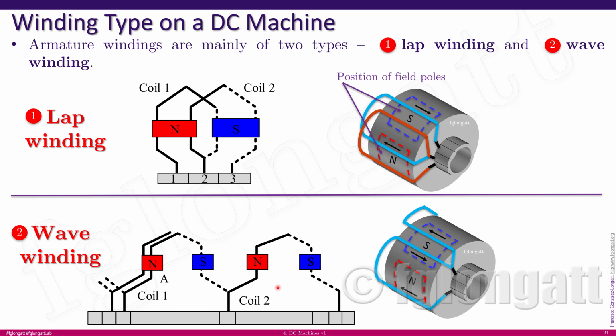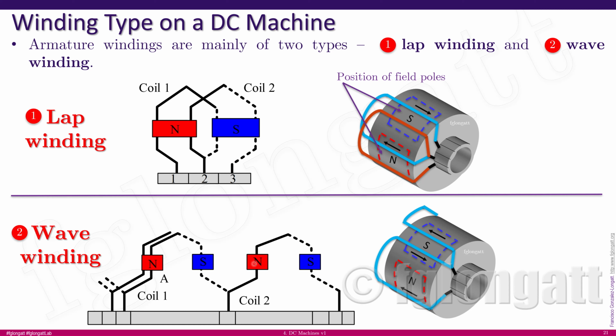Another name for the wave winding is series winding, and the reason is that different windings are connected in series through the armature. This wave winding can be found in high voltage DC machines, where this connection is preferred because you are dealing with less current but with higher voltages.